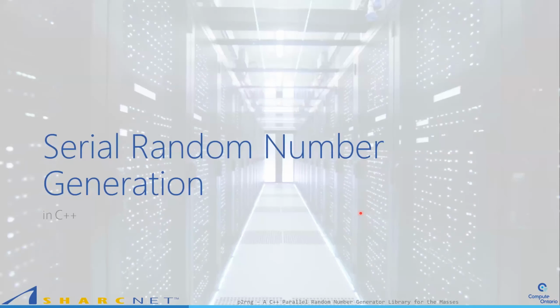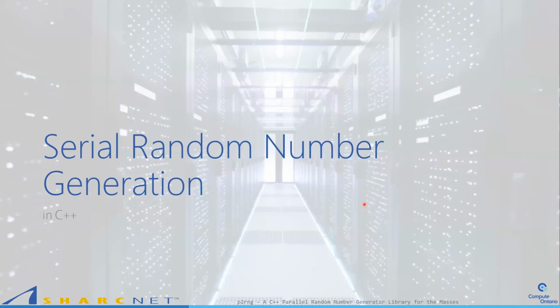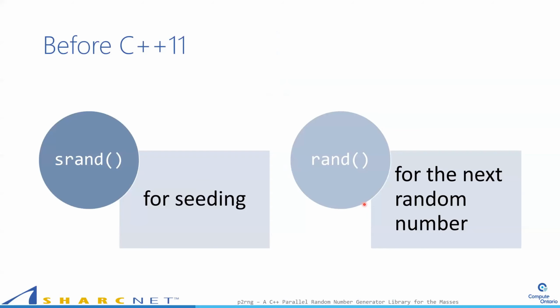Now let's change gears and see how we can generate random numbers in C++. Before C++11, there were only 2 functions for random number generation: srand to seed the random number generator, and rand, commonly based on LCG or linear congruential generator, to generate the next random number.